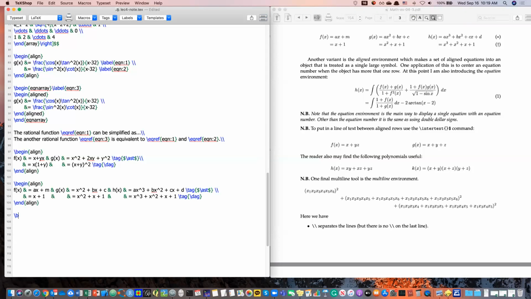Let me show you. So, begin, let me use align. So f of x, alignment point, equal to x plus yz, new column, g of x equal to x plus y.